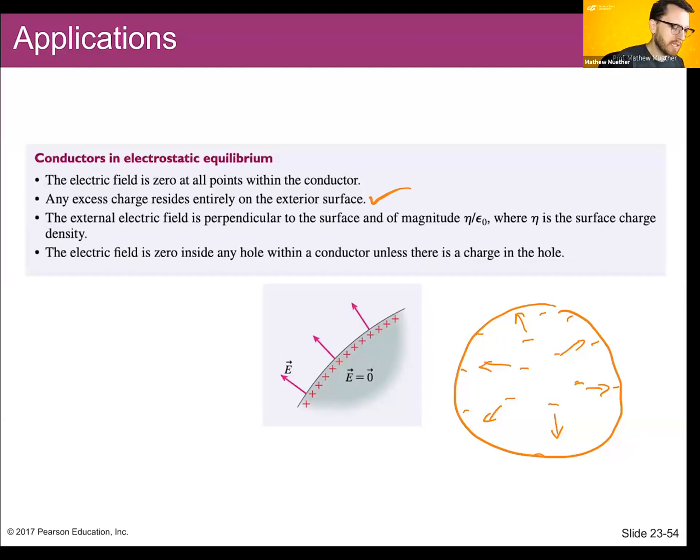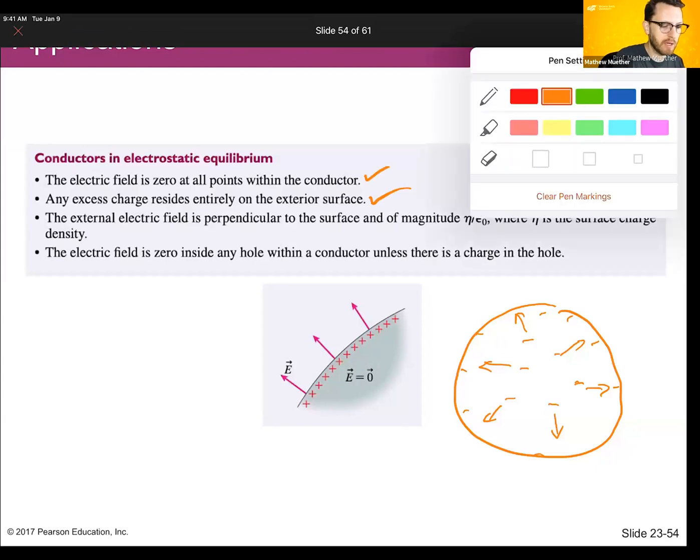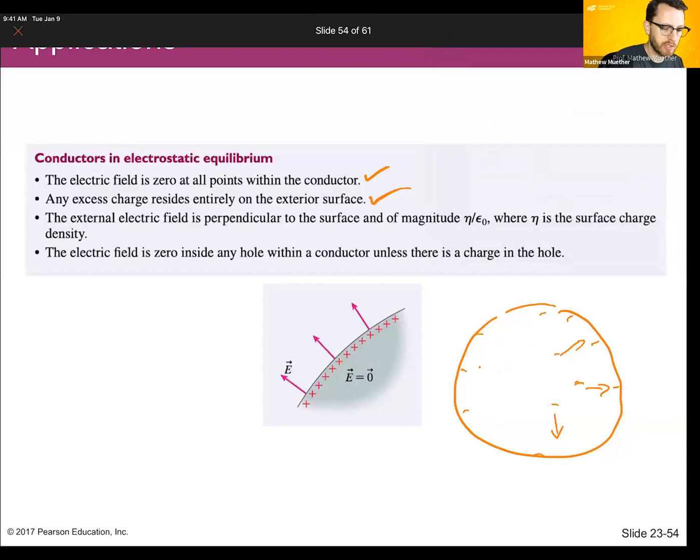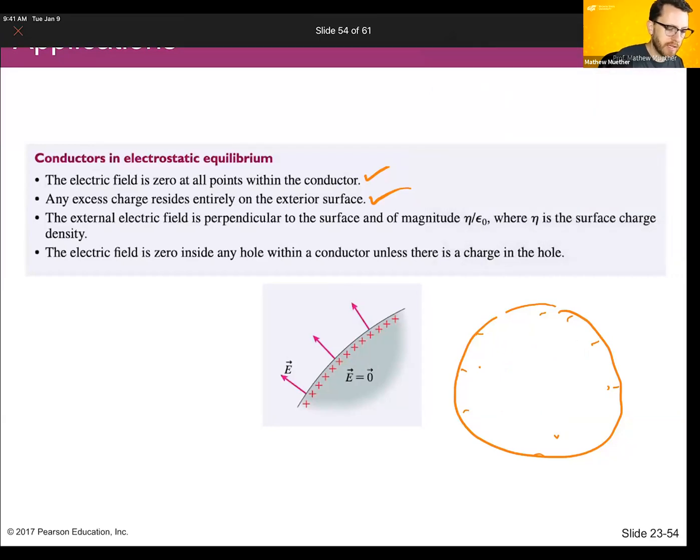There's another implication of that. It's that the electric field is zero at all points inside of the conductor. We can see that really quickly from Gauss's law. Let me erase all these little mobile charges. They've all made their way to the edges of the conductor, so all of the charges are sitting on the edge of the cylinder. That means if I pick a Gaussian surface, something like this, here's my Gaussian surface. Because all the excess charge is at the edge of the conductor, there's no charge enclosed inside of this surface.